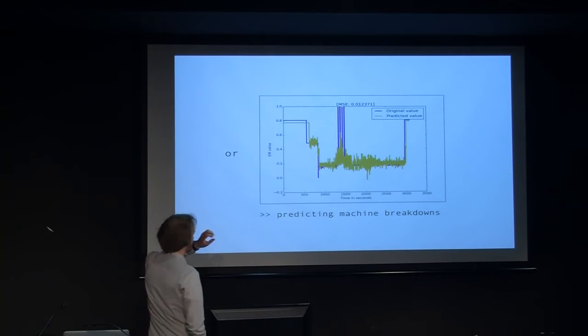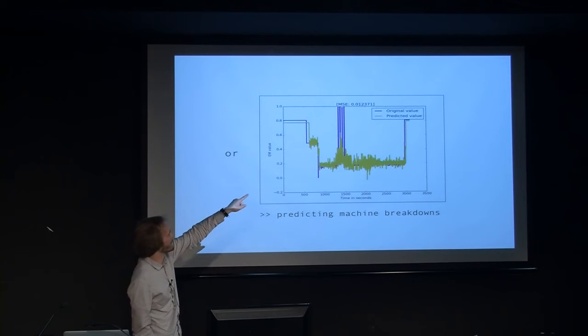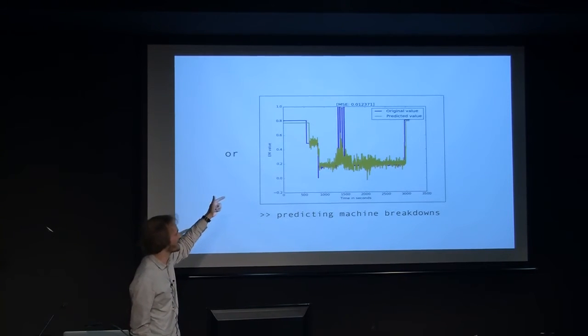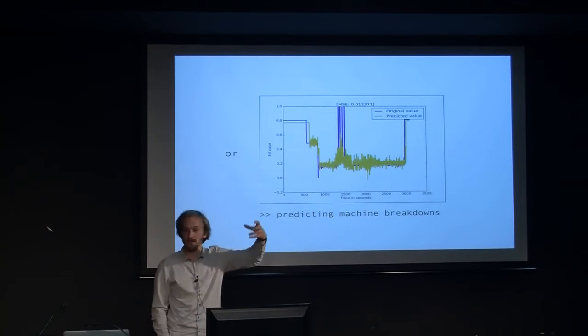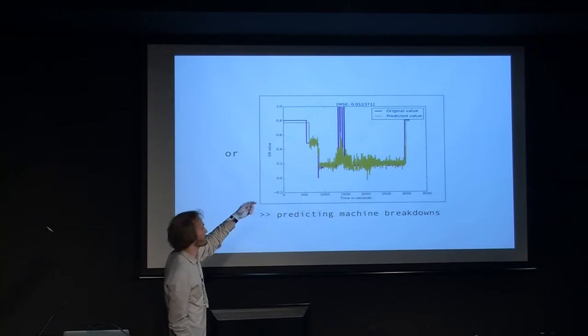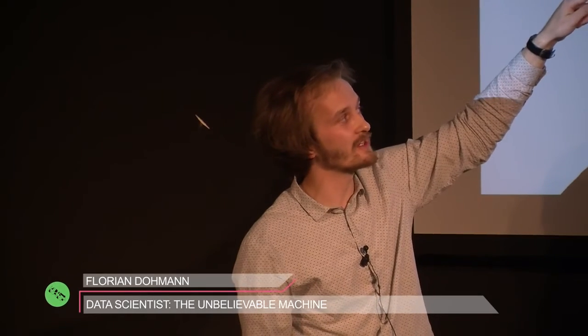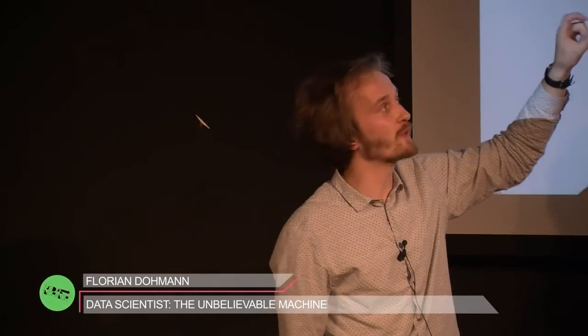Still a bit abstract, but I hope you understand, not so much time to go into detail. But here, for example, you see a visualization that we create in such projects when we explore the data, original value and predicted value. So we created a model based on data, and then this model predicted the machine breakdowns over time, and we have the original value, which means we know when it really happened, so that we can see how good our model is working.